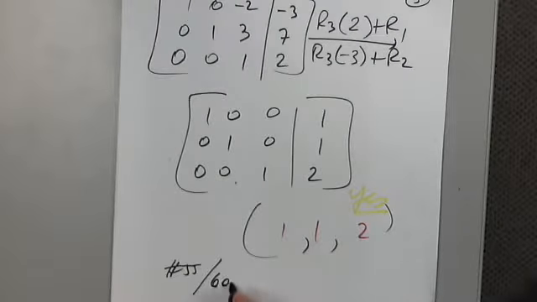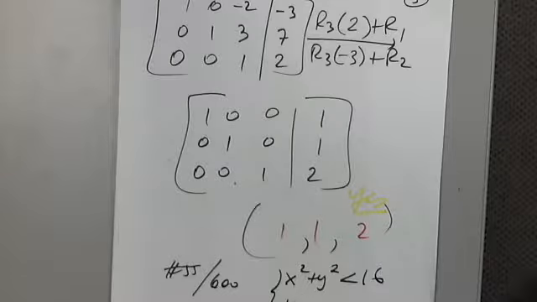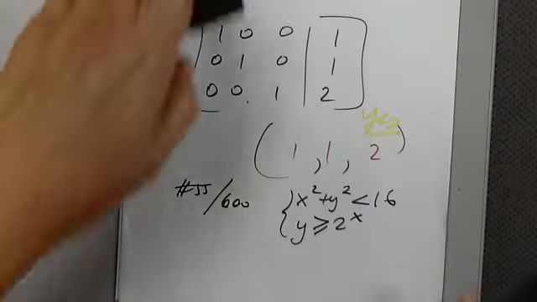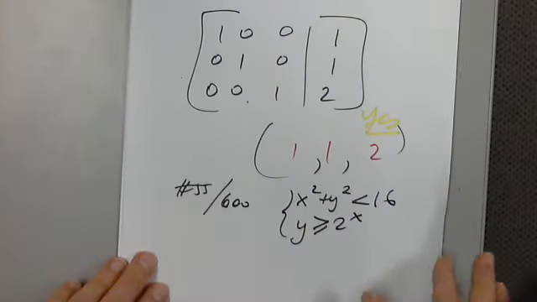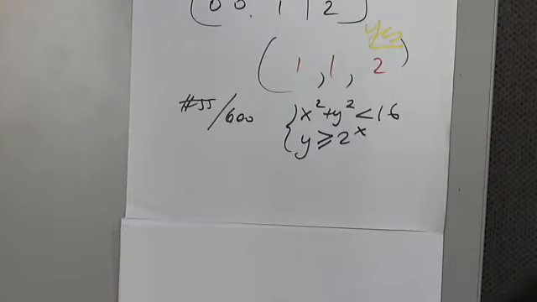On page 600, we have x squared plus y squared less than 16, and we have y greater than or equal to 2 to the x. So I don't change the inequality into an equation, but I need to write the equation because I have to graph it first.